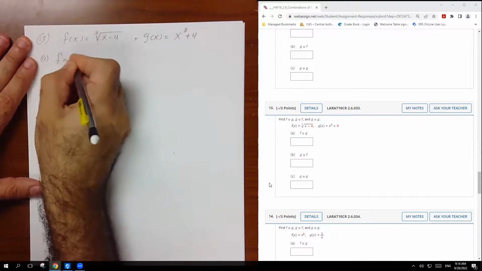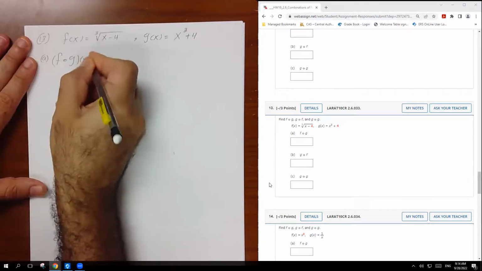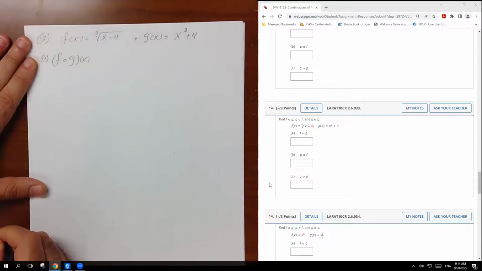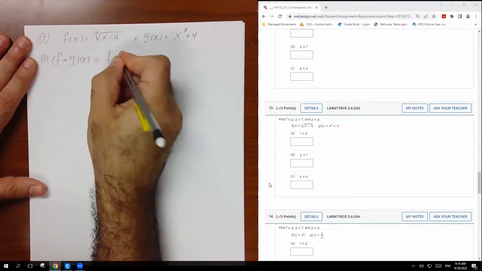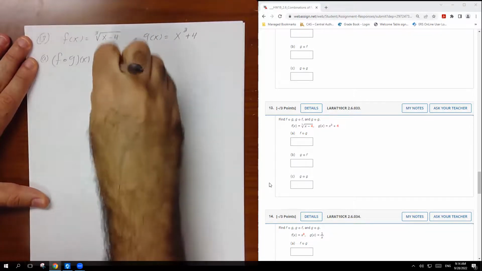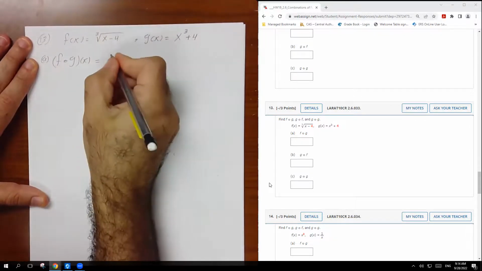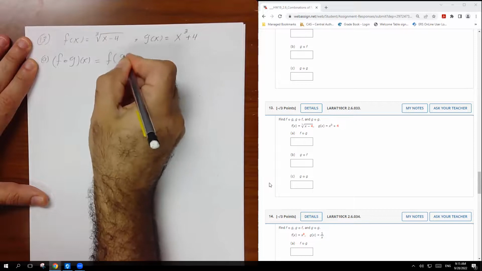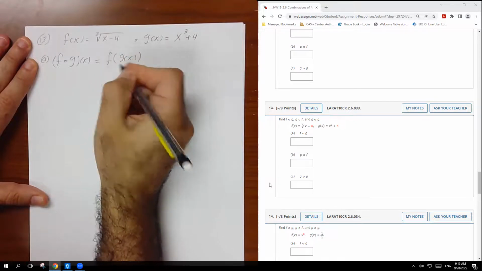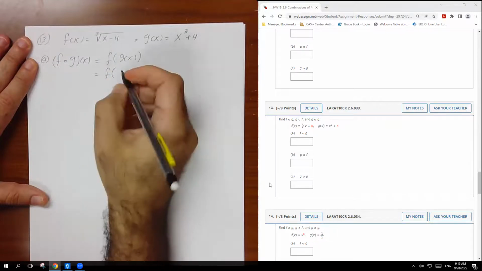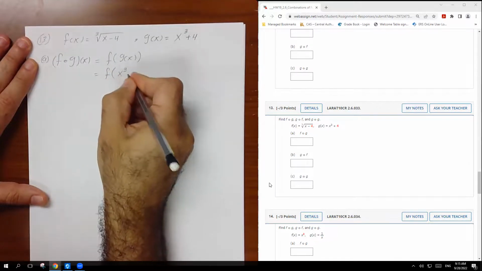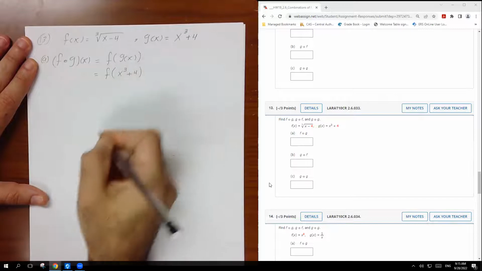F composite with G of X. That means F is out, and G of X inside. So here is the F, G of X, which is X cubed plus 4.